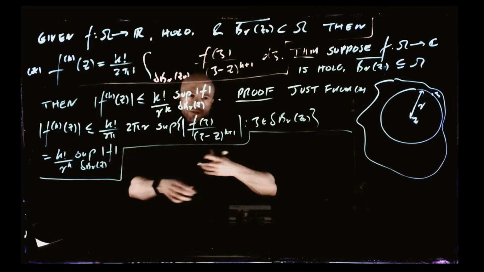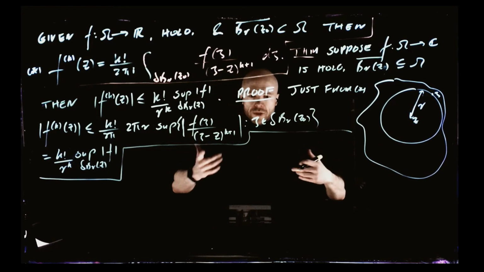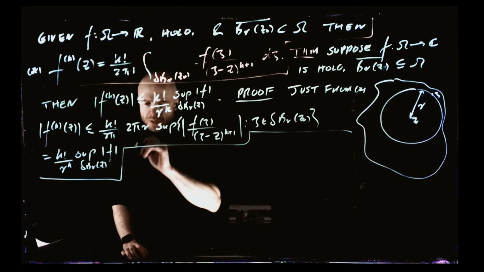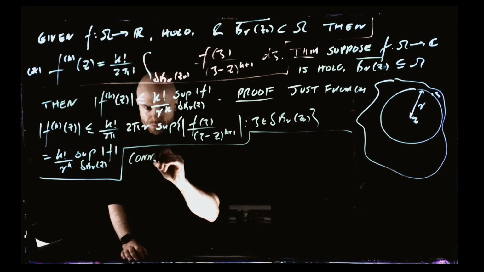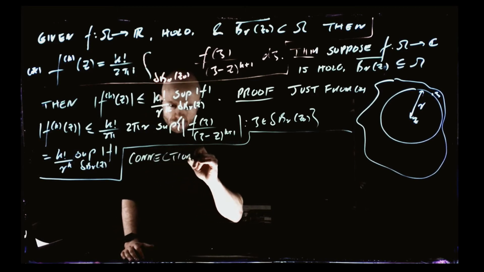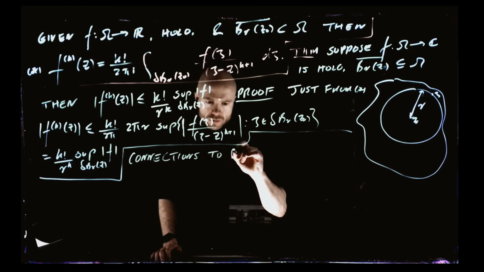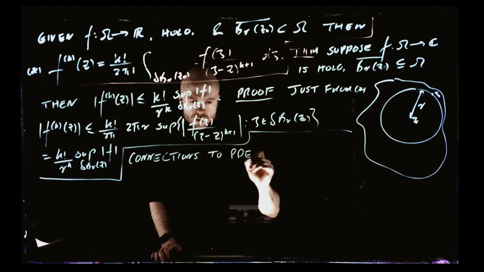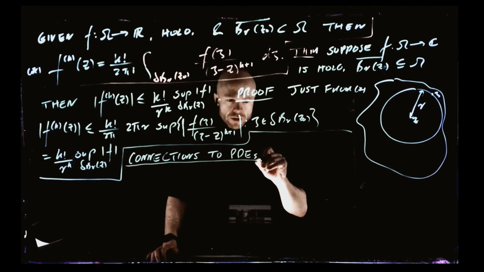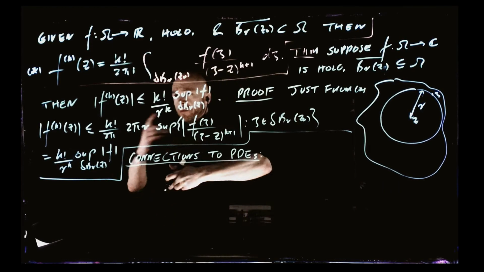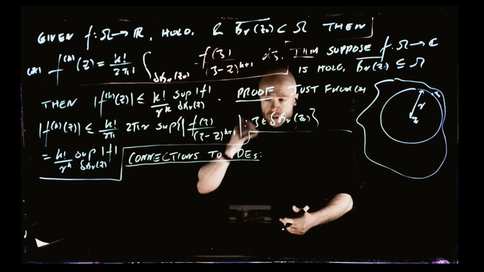So now that we have higher derivatives, we can do the following. Let me make a subsection: connections to PDEs. Maybe connections is not the right word, because what is actually going on is that underlying these theorems are theorems about PDEs.